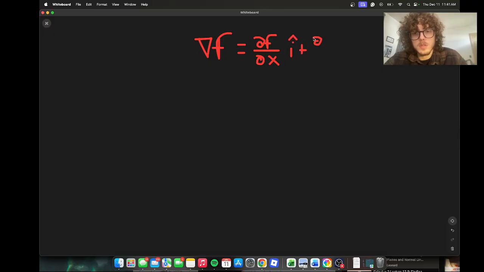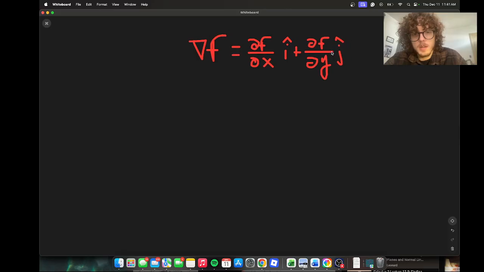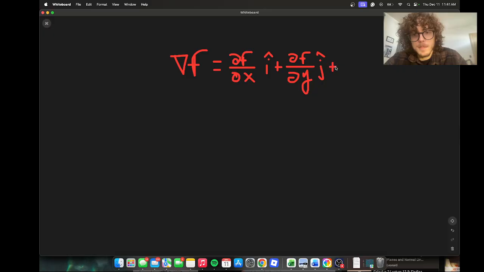Then we do the same with the other variables: partial f partial y, that's your j component, and partial f partial z with respect to k.